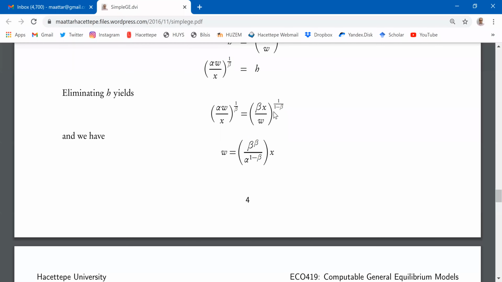You can accept a lower wage because you want to consume more. Your marginal utility from consumption is larger relative to that of leisure. So you can accept a lower wage because of this.